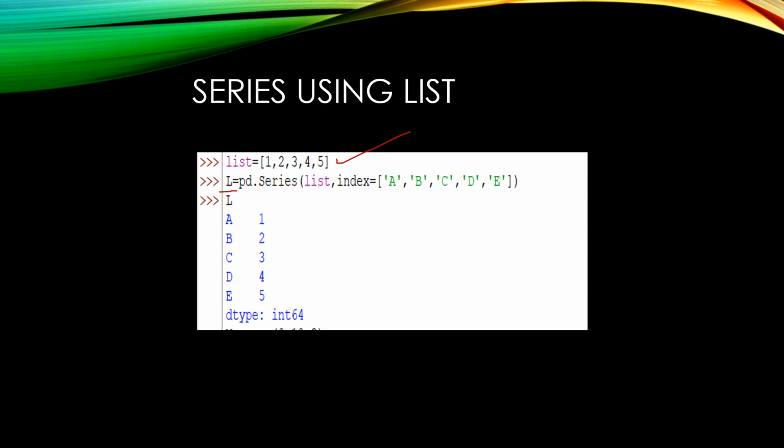In the parentheses, we have given the argument as list, comma, index equals to A, B, C, D, E. As these are string indexes, they are in quotes. And if we had not defined it explicitly, it would have implicitly taken the index as 0, 1, 2, 3, 4. We'll get L printed and it will give us the answer as shown. The dtype is int64 as the values are numerical.